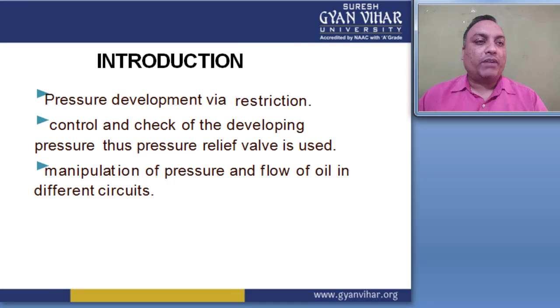This is the part of the introduction. Here, pressure development via restriction means it provides one kind of restriction in the fluid line. Suppose in the restriction case there is any extra pressure inside this fluid line due to contamination of the fluid.